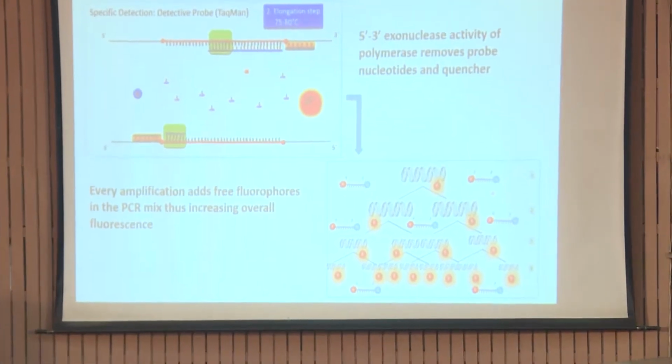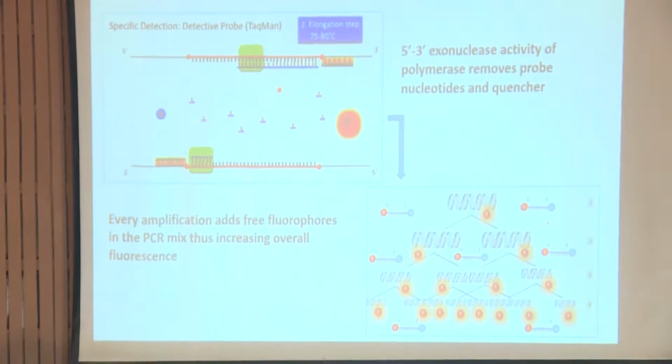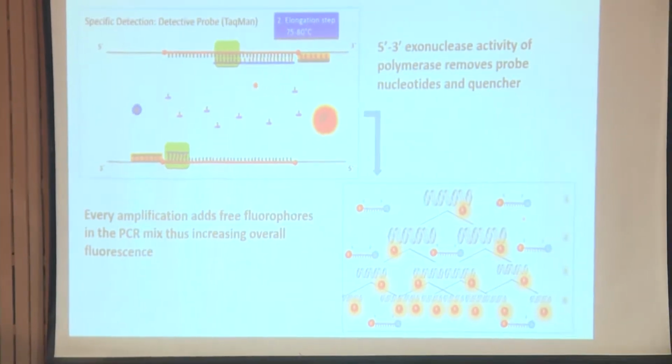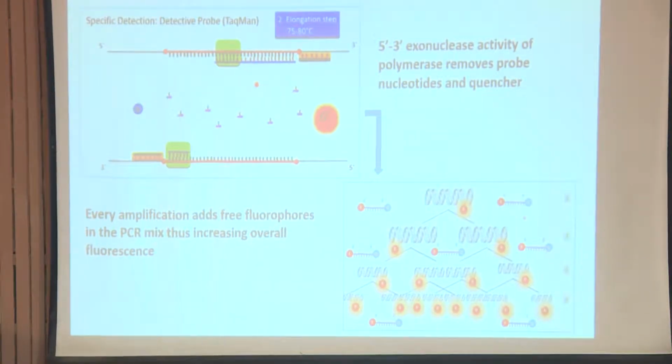Only thing is, in SYBR Green, it captures the fluorescent signal coming from double-stranded DNA. But in probe based, it is capturing the signal coming from the PCR mixture itself. Remember, double-stranded DNA per se is not fluorescing here. Is it clear to all of you?